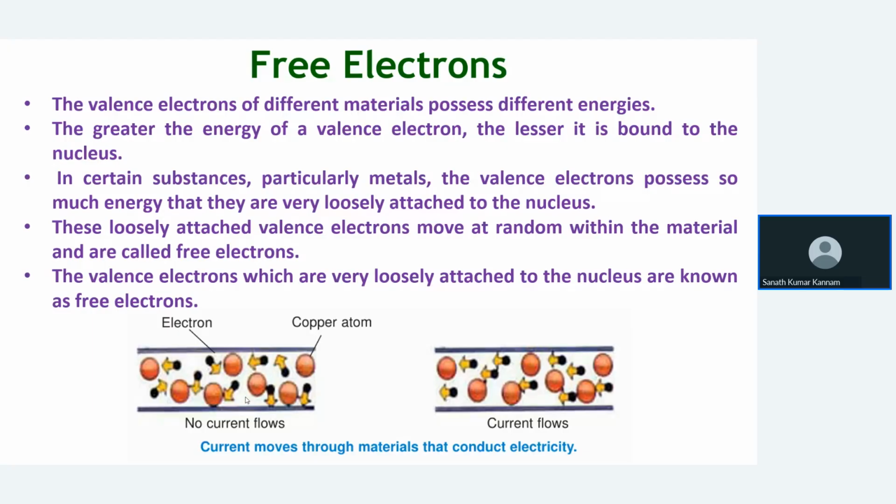When you are not applying any external voltage, these copper atoms are moving randomly. There is no flow of current. As you apply an external potential difference or voltage, what happens? There is a movement from right to left. The conventional current is from left to right, opposite to the direction of electron movement, which we'll discuss.